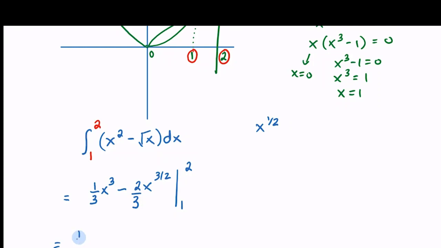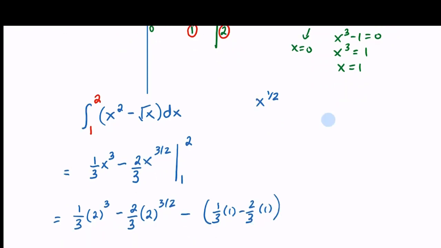This is going to become 1 over 3 times 2 cubed, minus 2 over 3 times 2 to the power of 3 over 2, minus, we're going to substitute in 1, which is going to become 1/3, and 1 cubed is 1, minus 2 over 3 times 1 to the power of 3 over 2, which also happens to be 1. So this is going to be 2 cubed, which is 8 over 3, minus this here, which is 2 times 2 to the 3 over 2.